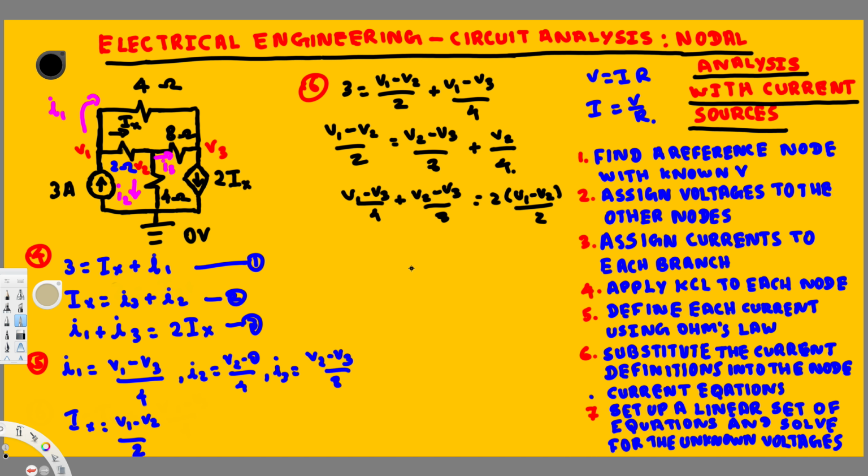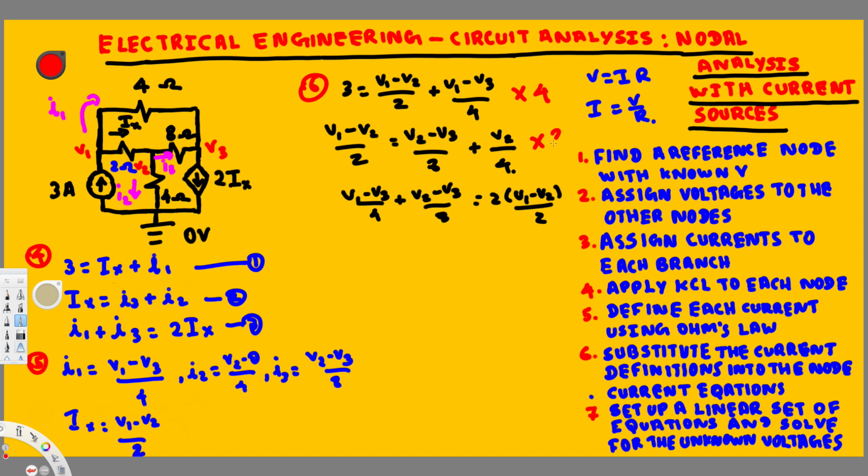Now the next step is we should try to get rid of all these denominators. The best method to do this is to find the common denominator. For example, if you have 2 and 4, if you multiply by 4, all the denominators will cancel. So here we can multiply this one by 4, right? And for this one, the common denominator can be 8.